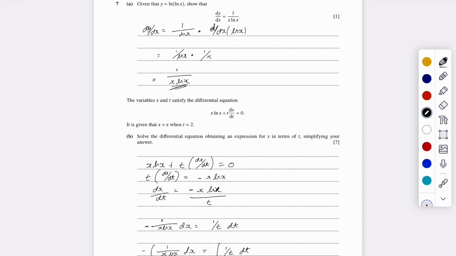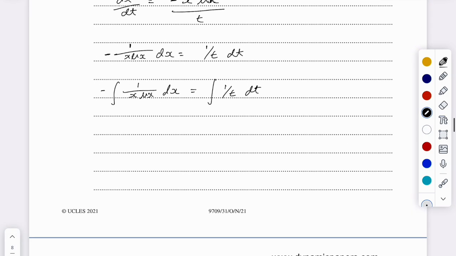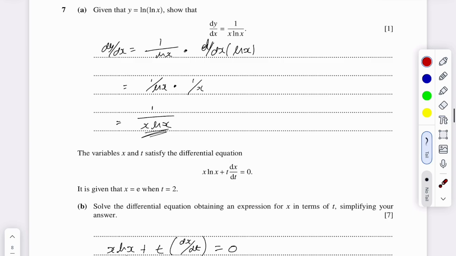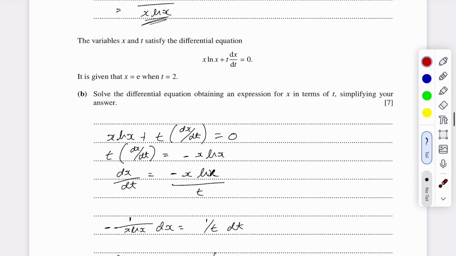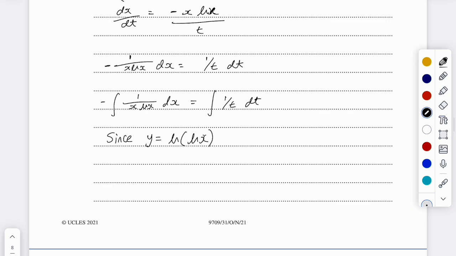So since y is equal to ln of ln x, and we know that dy by dx is equal to 1 over x ln x, we can say therefore that if we integrate, we're going to get negative ln of ln x being equal to ln t plus c.